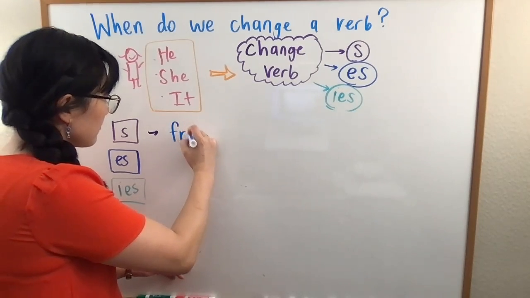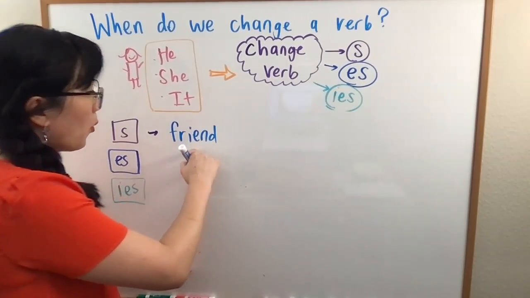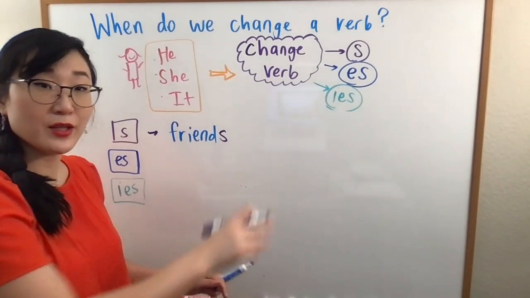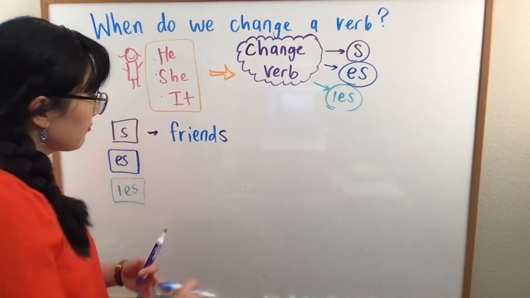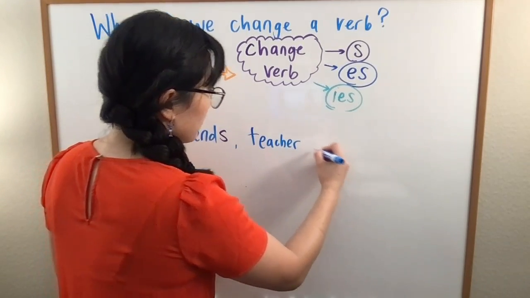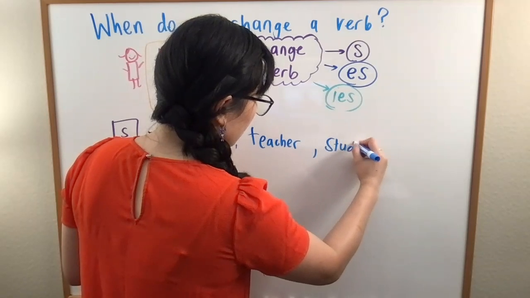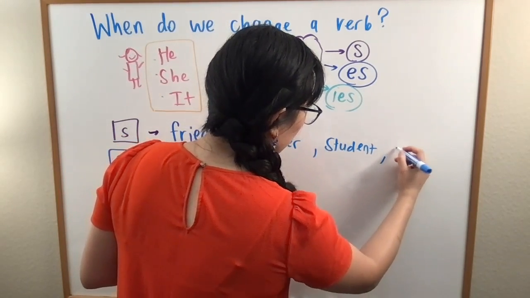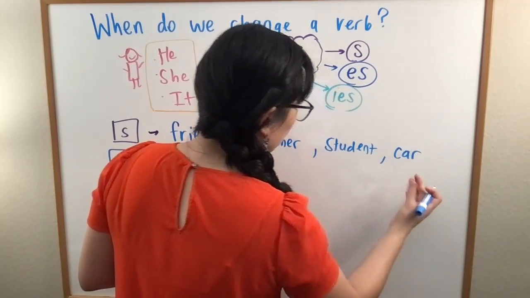Examples. 1, friend. 2, friends. These are regular nouns. Teacher. Student. Car, right?